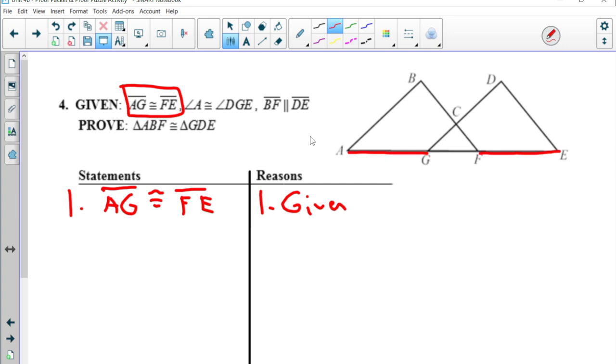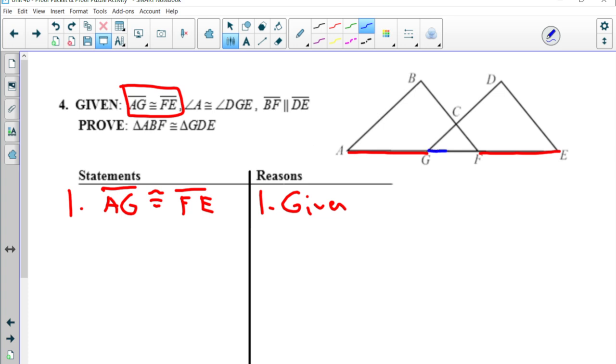So I need to get to the entire side. So if I look at A to G, and I want this entire side of this triangle, what piece am I missing? I'm missing from G out to F. That's the part that's missing for this entire side. Then over on the other one, here's my piece here. What part am I missing?